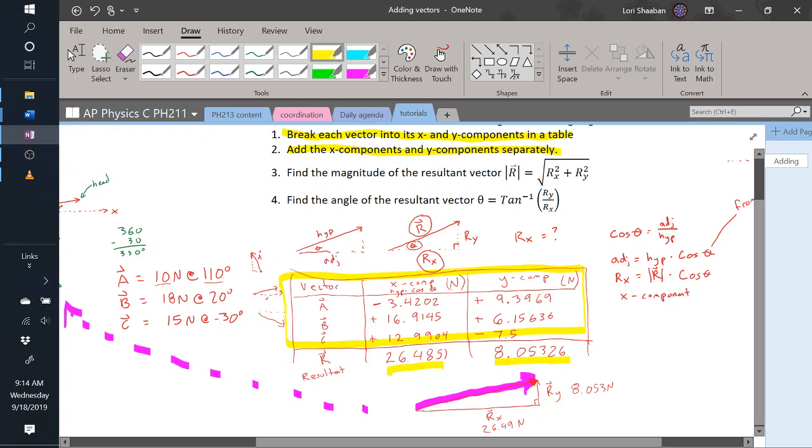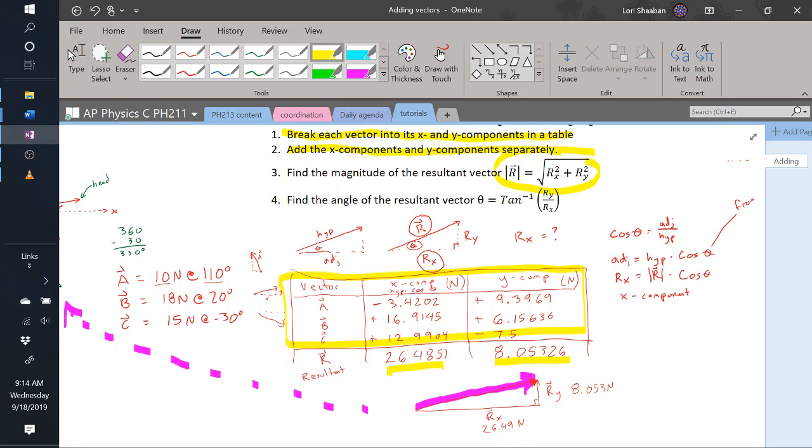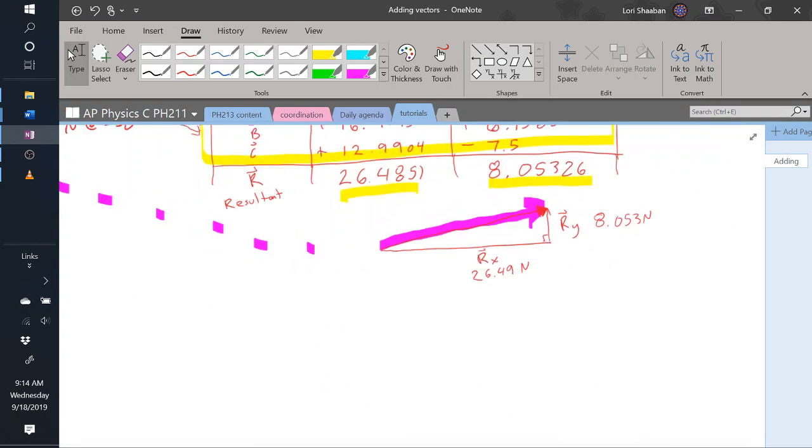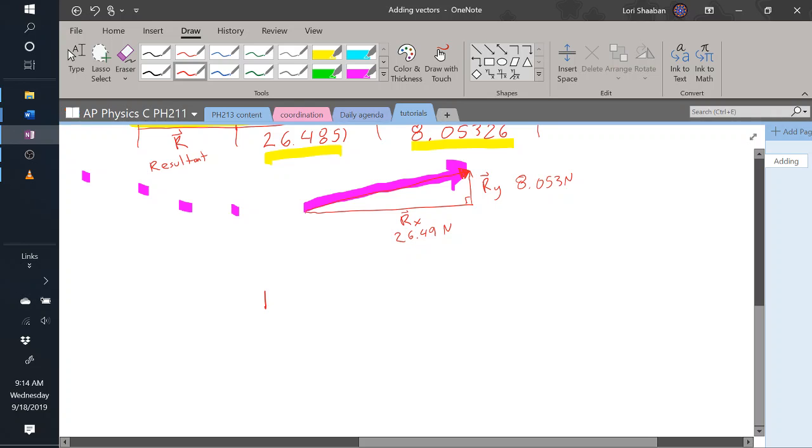Now we need to find the magnitude of the resultant vector. So that's going to be using our Pythagorean theorem. So we have a resultant vector. It's going to be square root of rx squared plus ry squared.